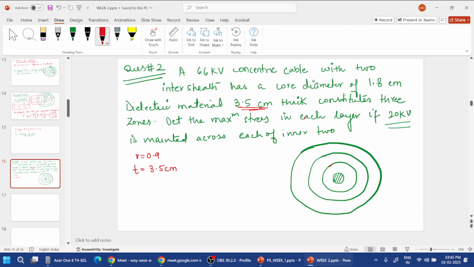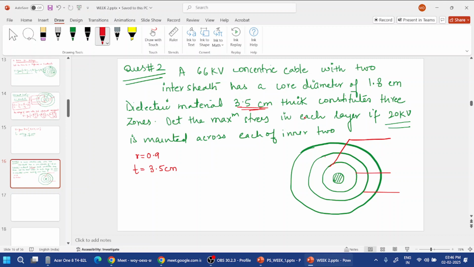Now they have the voltage. I think they have given the wrong thing.